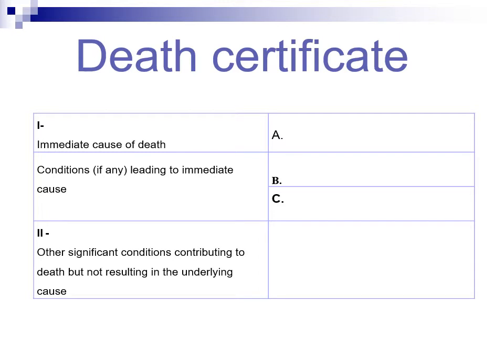So part 1 talks about the immediate cause and what's causing it. But part 2 includes other significant conditions contributing to death but not resulting in the underlying cause. The last part in the death certificate includes doctor name, signature, and date.